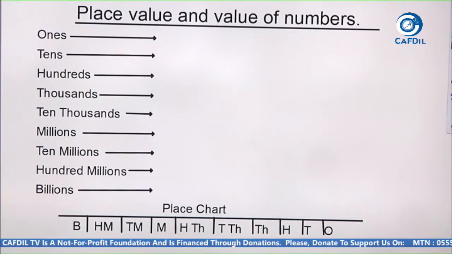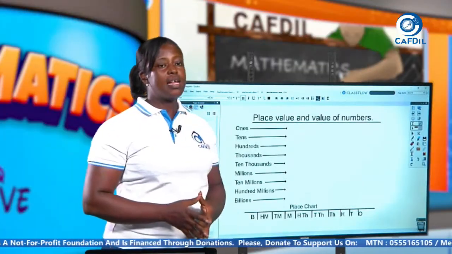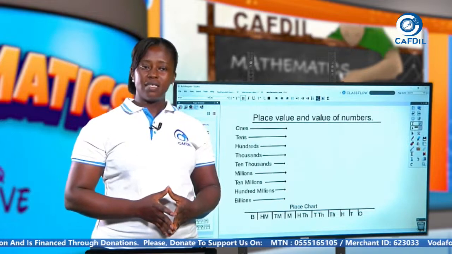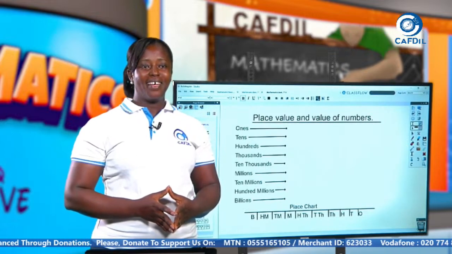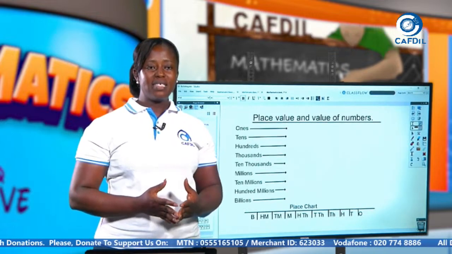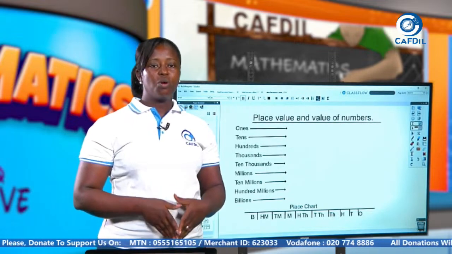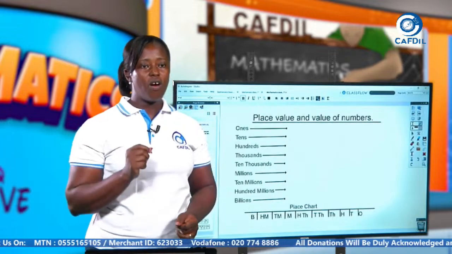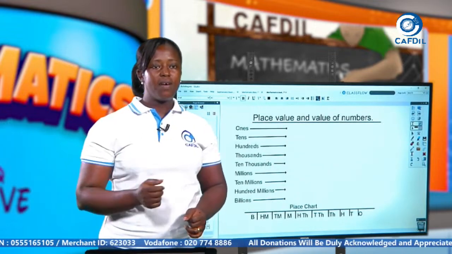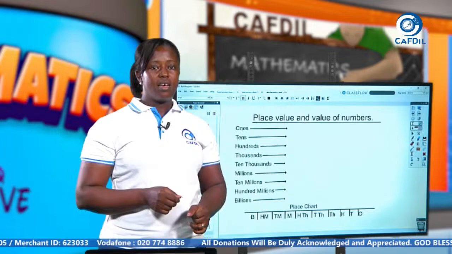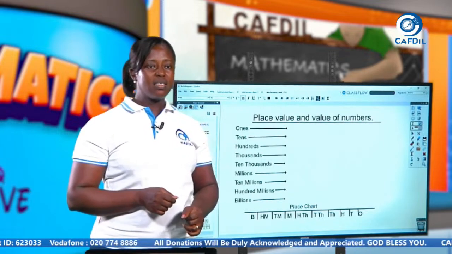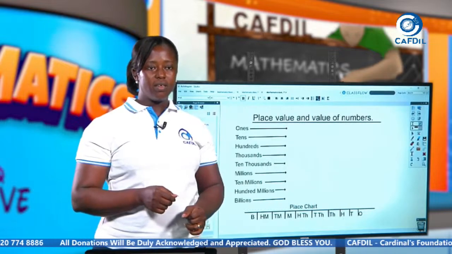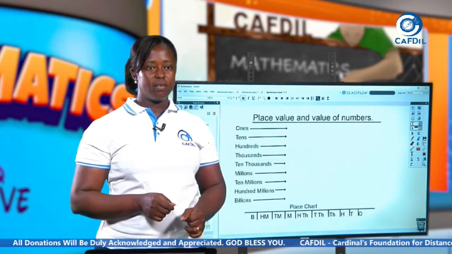Learners, let's say something small about our number system in Ghana. With the number system, we deal with base 10. So when you are counting 1, 2, 3, 4, 5, 6, 7, 8, 9, as soon as we hit 9, the place changes.